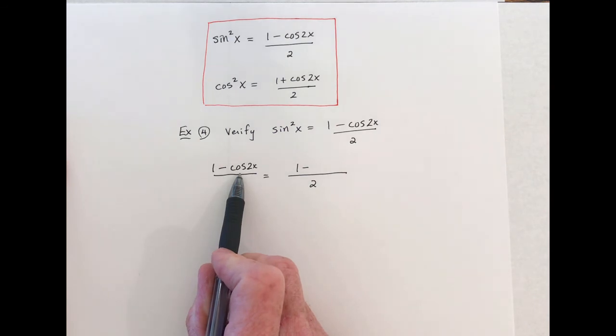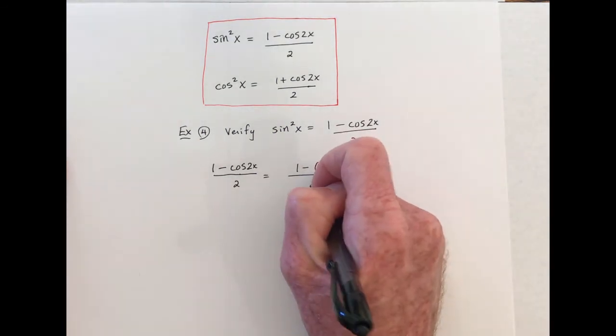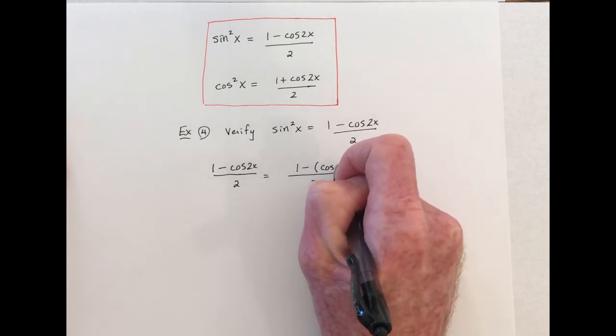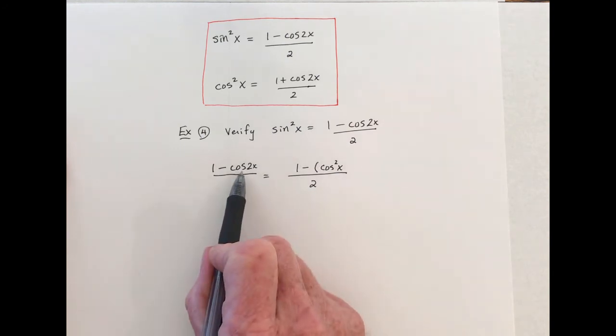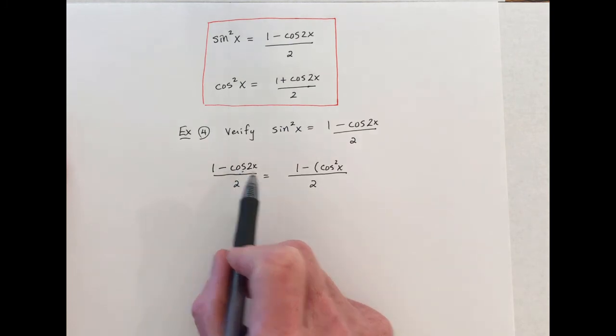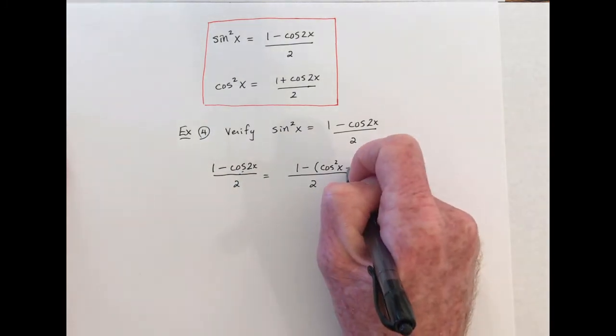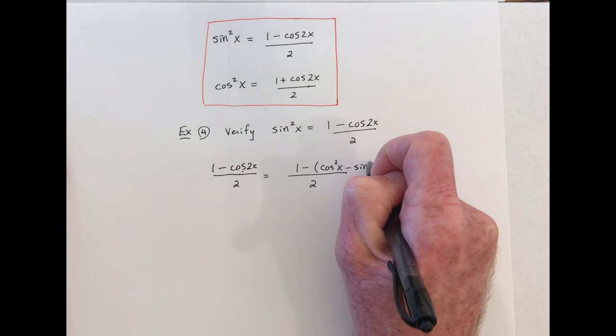Now replace cosine of 2x with a trig identity. Just a moment ago, I think I might have called that cosine squared. I meant cosine 2x. Replace cosine of 2x with an identity, like cosine squared minus sine squared.